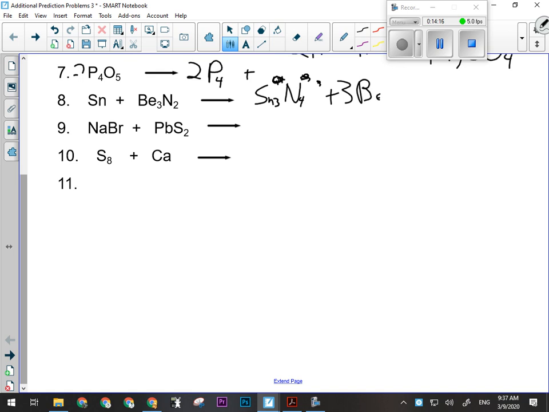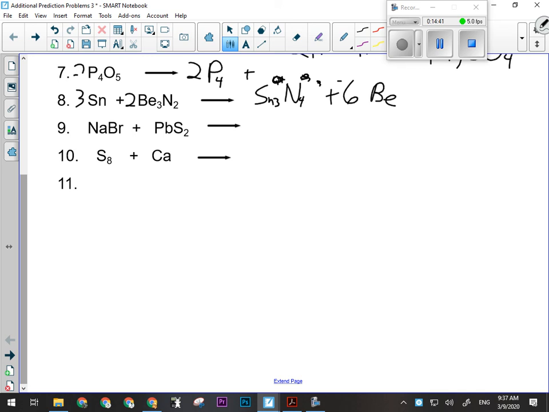Okay, and now we need to balance the whole reaction. So I've got 4 nitrogen, that's the biggest number, so that's what I'm going to start with. Okay, I'm going to put a 2 here to balance that. That's going to give me 6 beryllium, so I need to get rid of this 3. Okay, and I've got 3 tin, so I need to put a 3 over there. Okay, good eye.